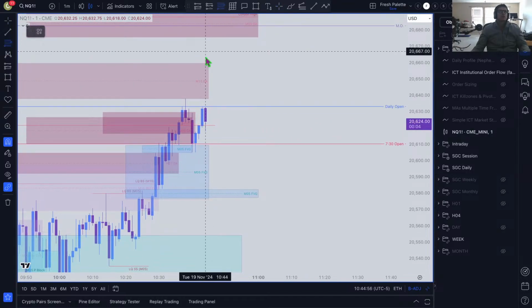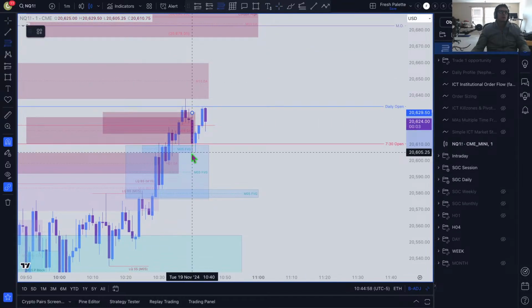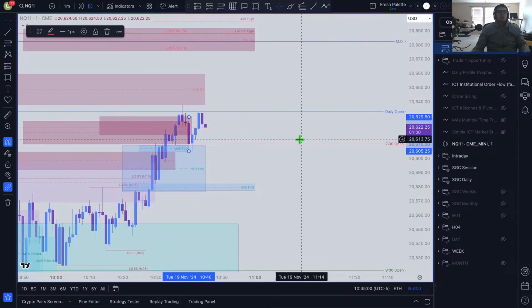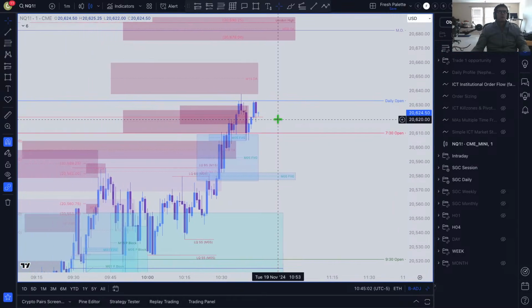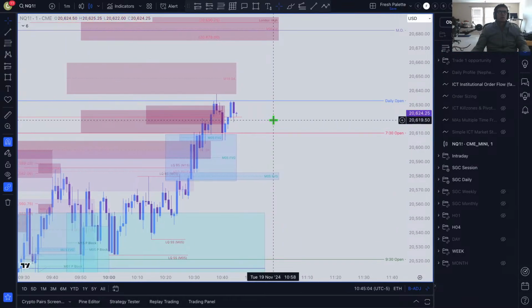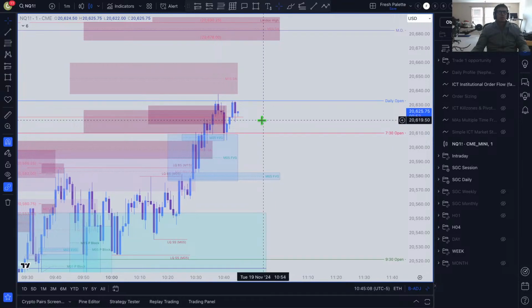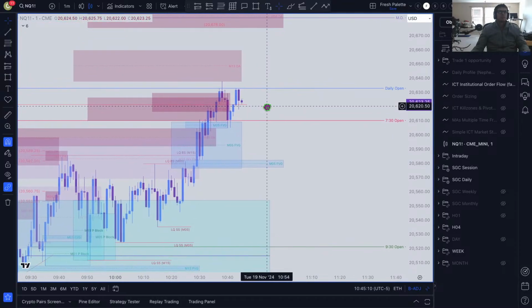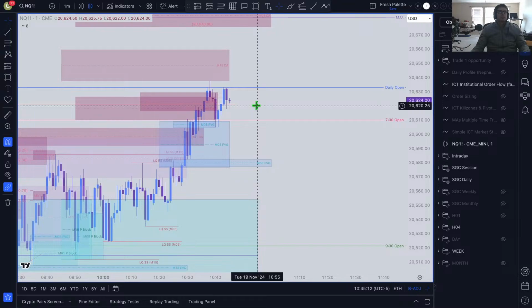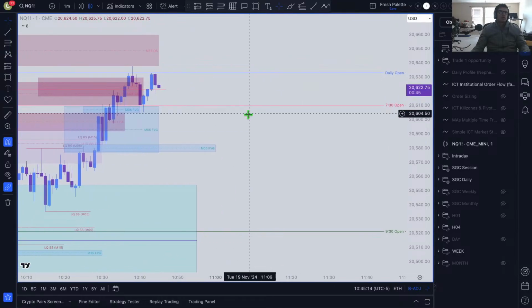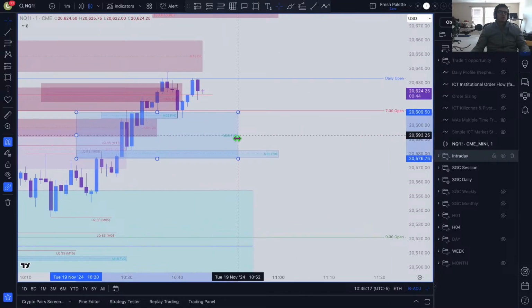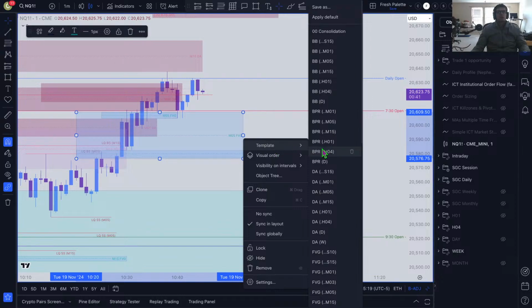Your M1 manipulation is to the upside. That was a fair value gap. You haven't really created a breaker. I was just discussing this with someone else, where I sort of want to see this low swept at this point again.